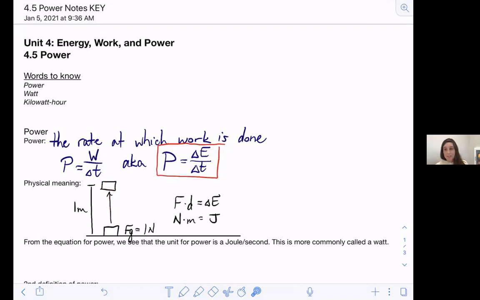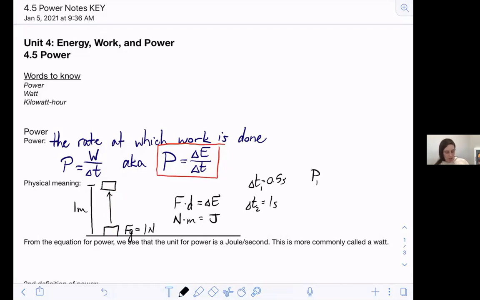So maybe we take half a second to do that. We could do that very slowly. Maybe we take like 1 second to do that. And power is going to differentiate between those two things, right? So let's say our first time to do this was half a second, and then the second time that we did it in 1 second.